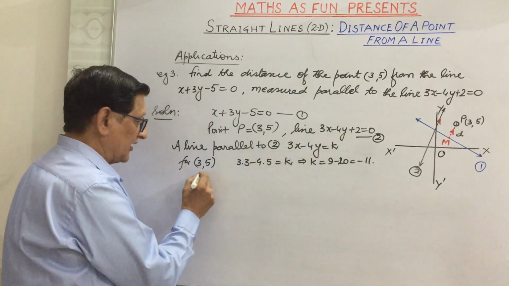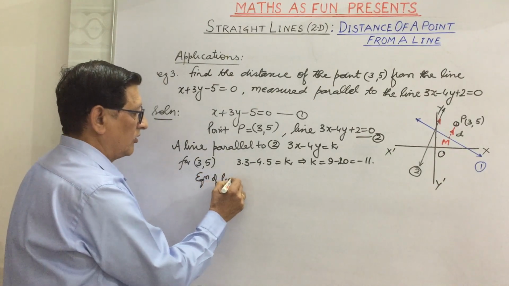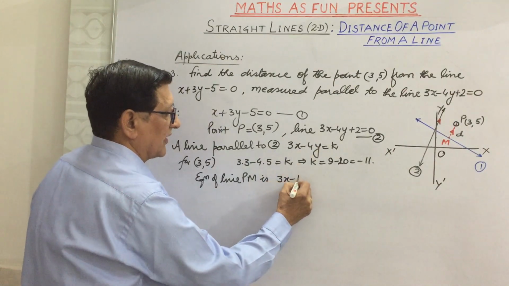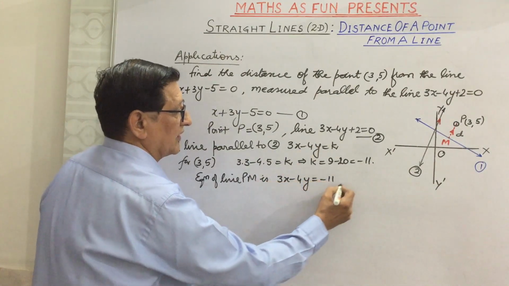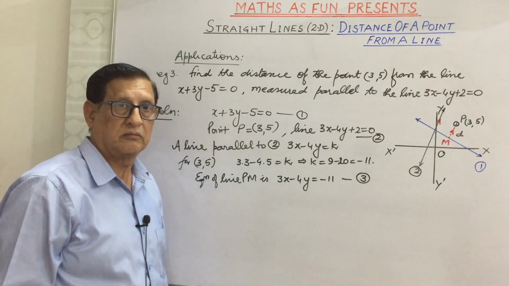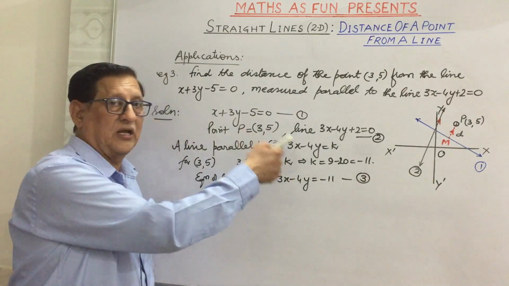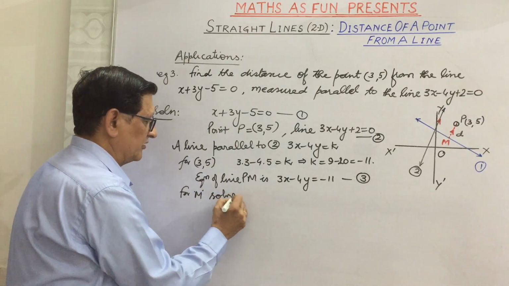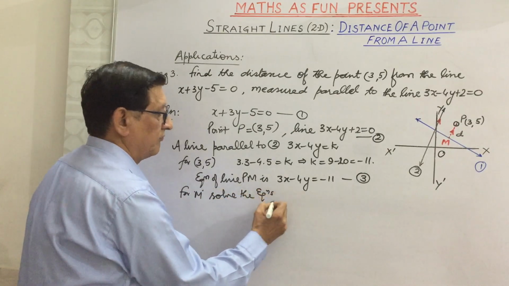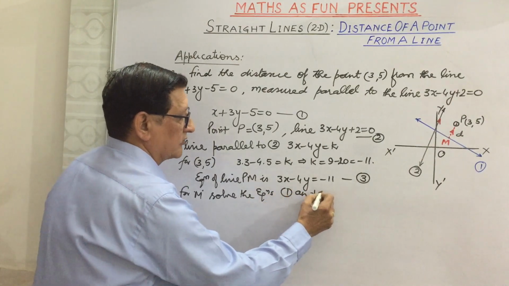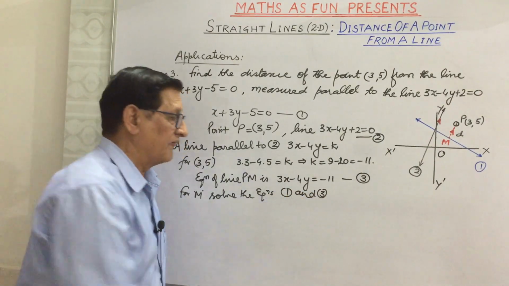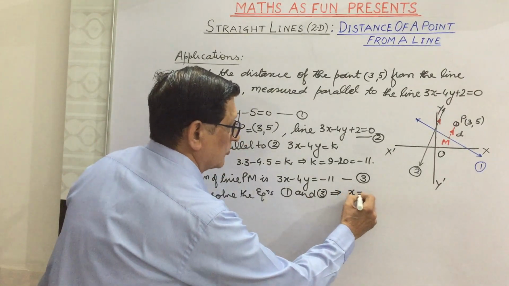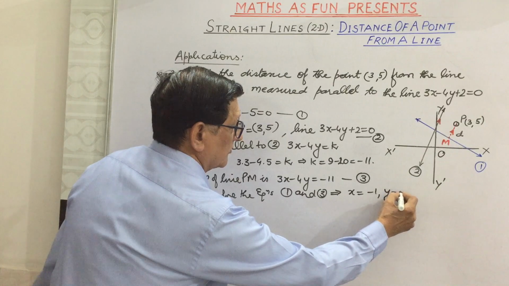Therefore, the equation of line PM is 3x minus 4y equal to minus 11. For the point of intersection M, solve equations 1 and 3. After solving, we are getting x equal to minus 1 and y equal to 2.